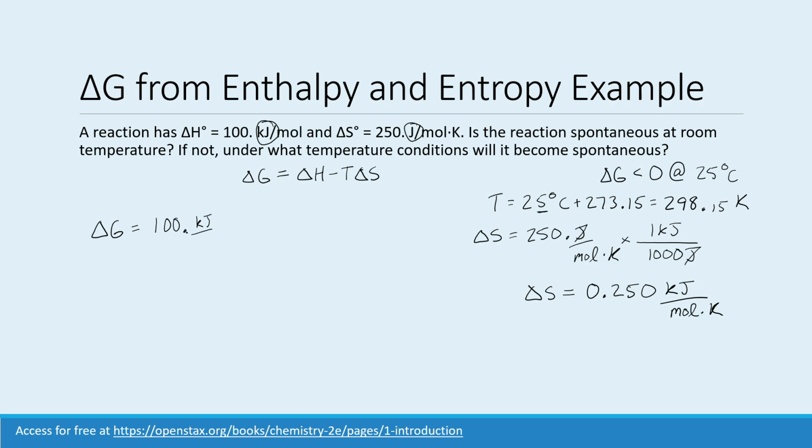And that decimal does matter. That tells us that that 100 is 3 significant figures. And then subtract the temperature at 298 Kelvin times the entropy in kilojoules. So that's the 0.250 kilojoules per mole Kelvin.